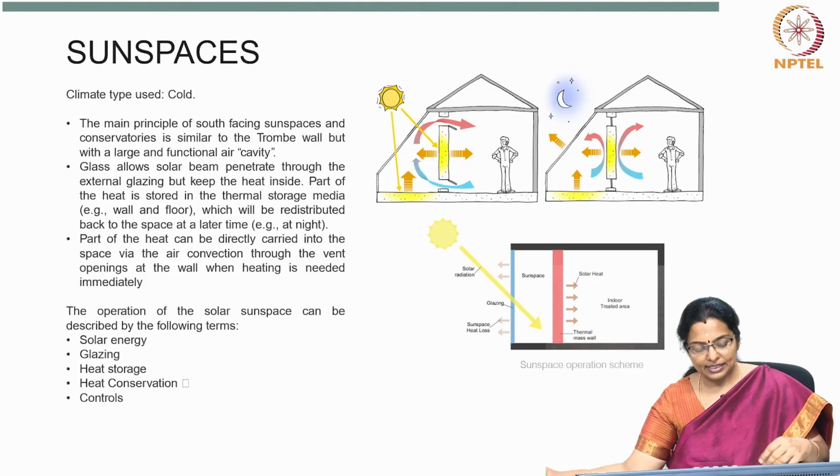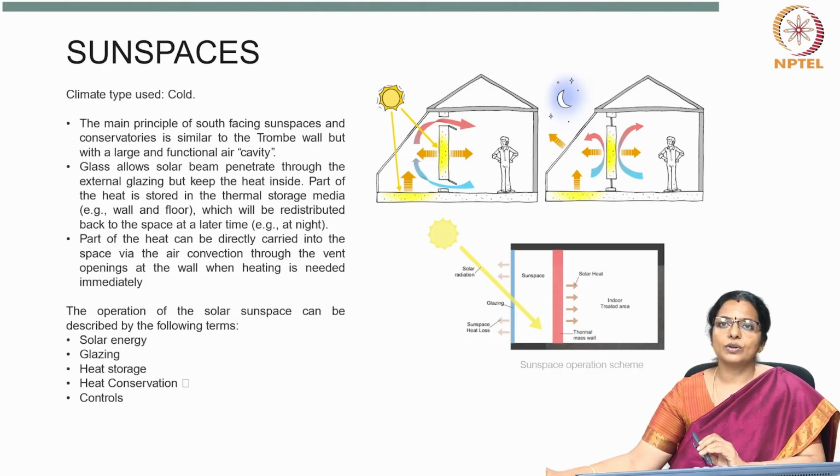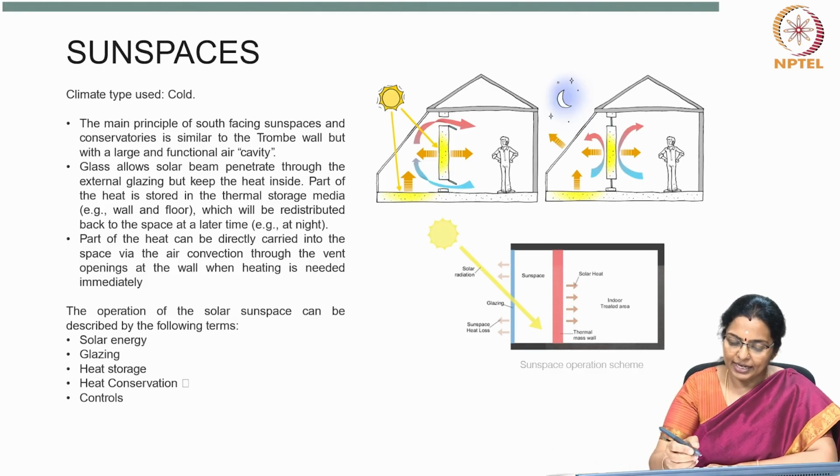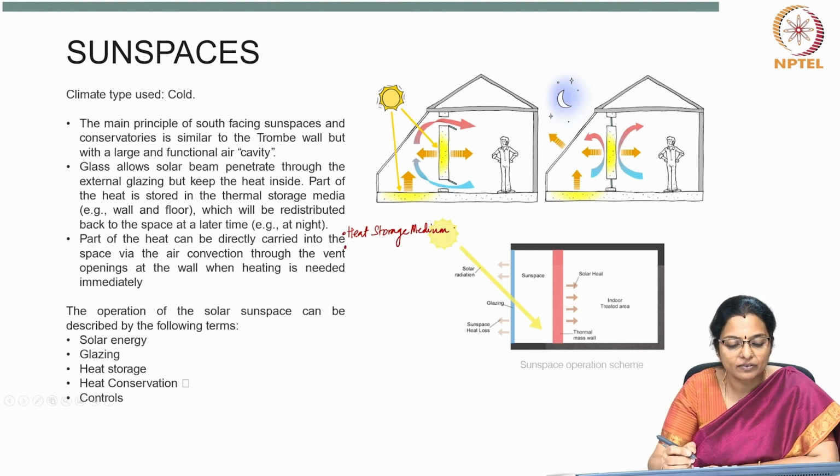So with this slide, we have seen some very important and crucial keywords. Those words are heat storage medium, and I have applied all these terminologies to one advanced passive design, which is a sun space.